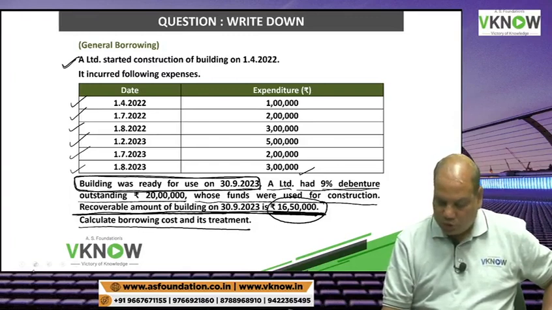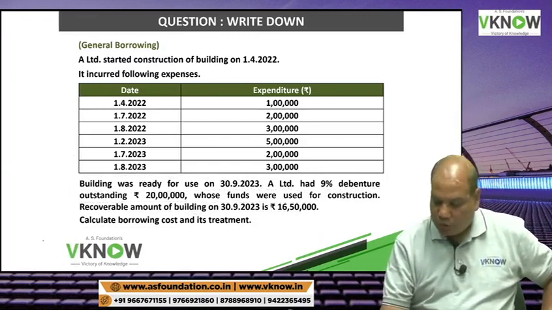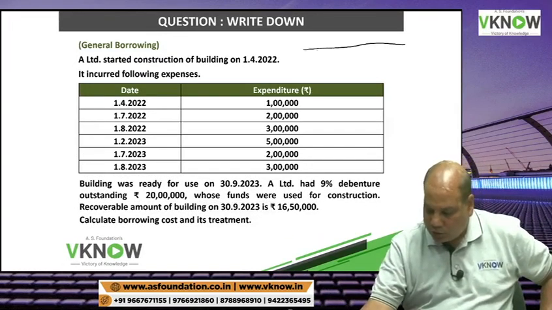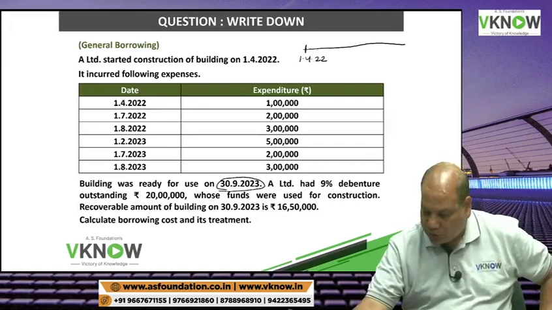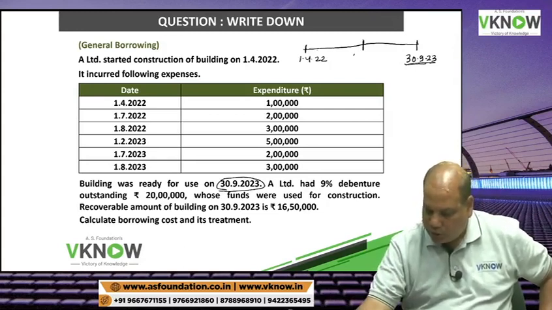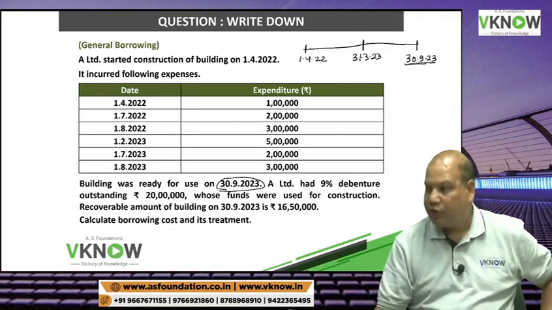Now you see this question again. The construction started on 1/4/22, but the construction was completed on 30th September 23, which means one year ending date will also come, 31st March 23.